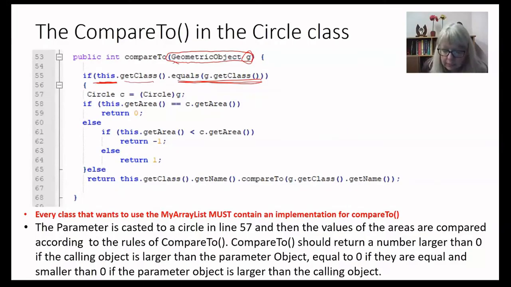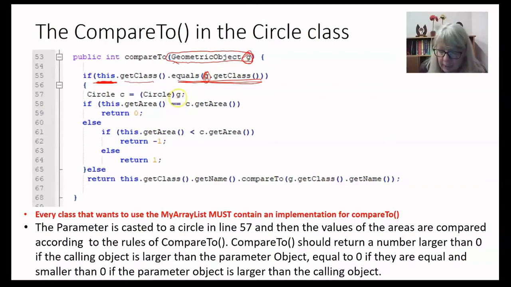So the calling object is always referred to as this variable. So here the class of the calling variable is compared with the class of the parameter variable. Why? How do I know it? There's a g and there's a g. If it's the same, I can continue.